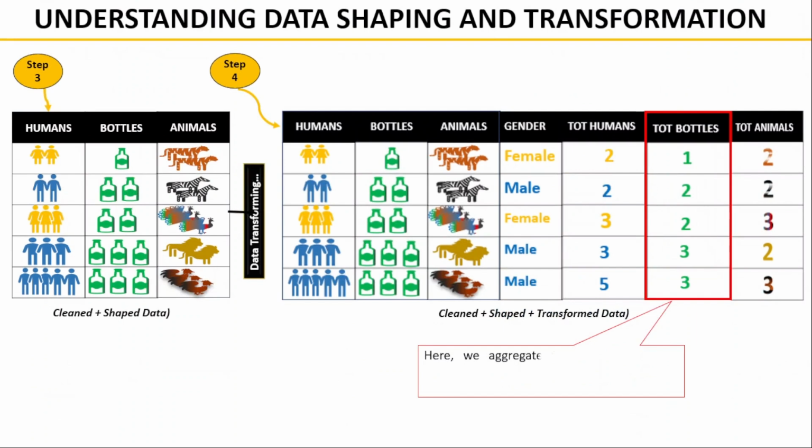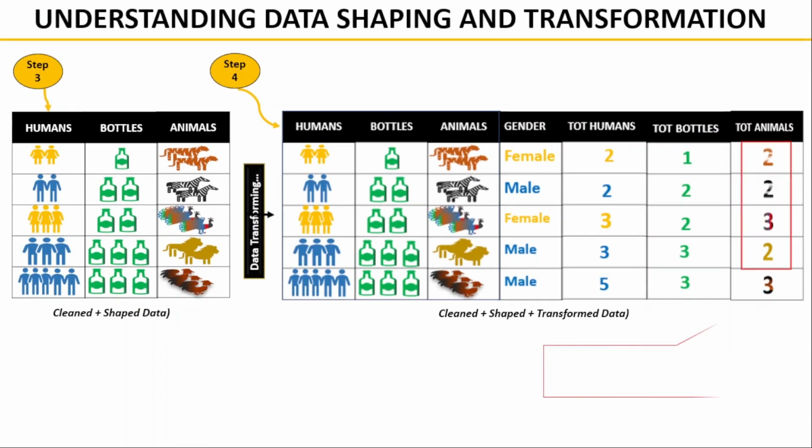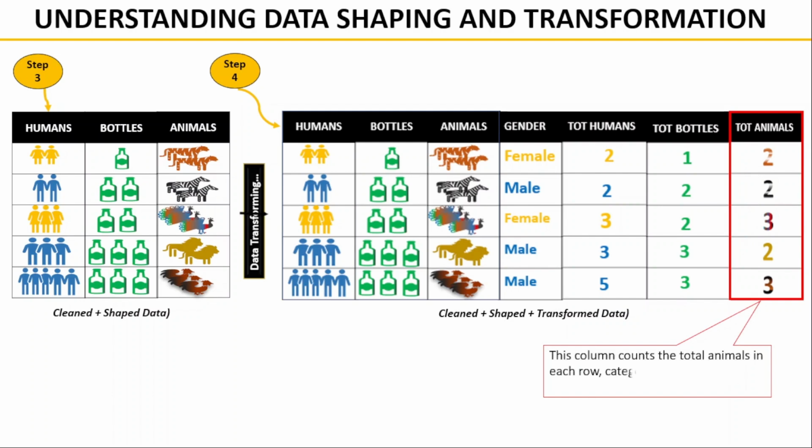Now, for the total bottles column, we aggregate the total number of bottles per row, and the green color keeps it distinct from other columns. While for the last column on our transformed data, this column counts the total animals in each row, categorized by species using different colors.